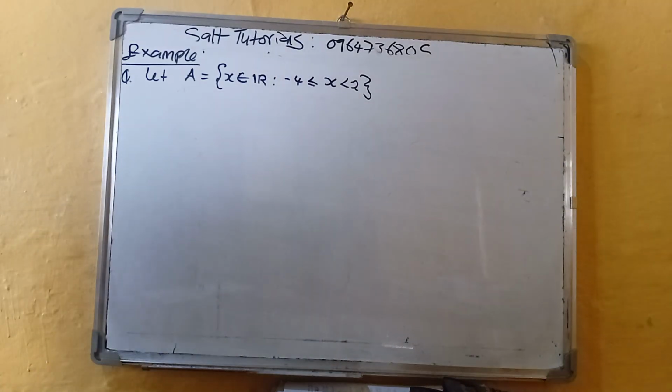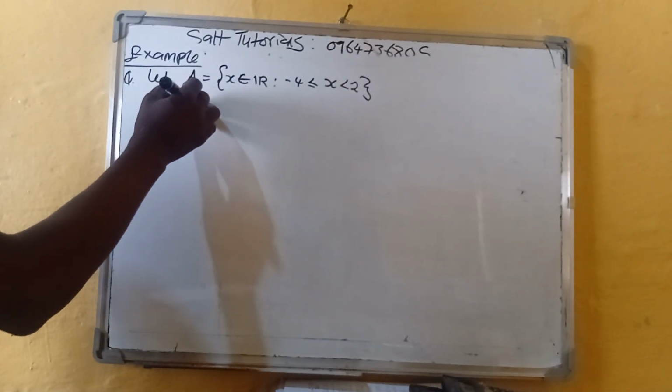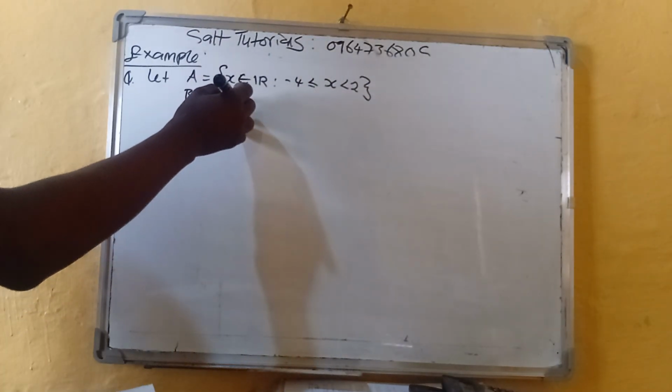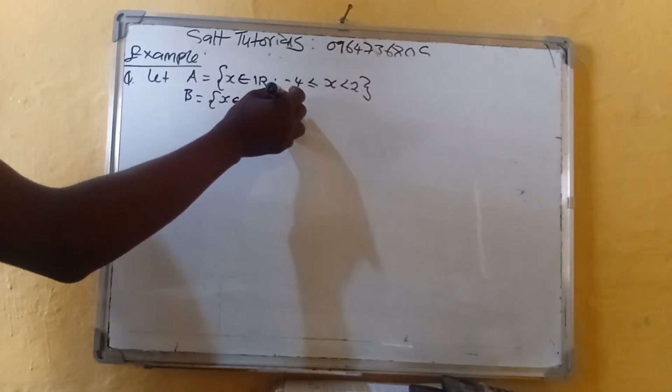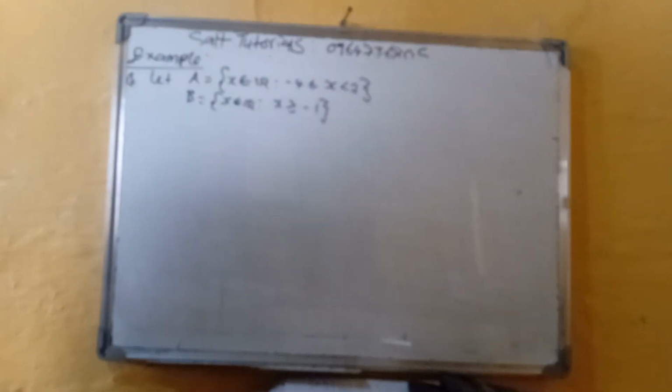That is my A. And we are being told that B should be X, a member of all real numbers, such that X is greater than or equal to -1. So these have been described for us.